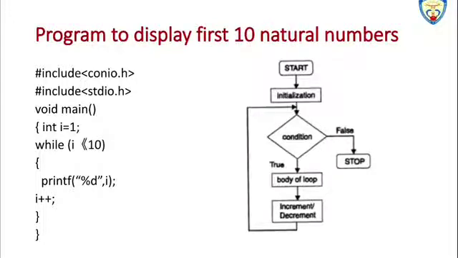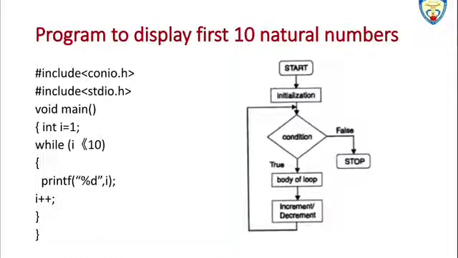Now from this flow chart, we write a program in C. First is a preprocessor file. Then we have the void main. Here we have the variable i. We are declaring that as an integer type, and we are giving the initial value to it. So the first step of the loop is completed. We have initialized the variable.